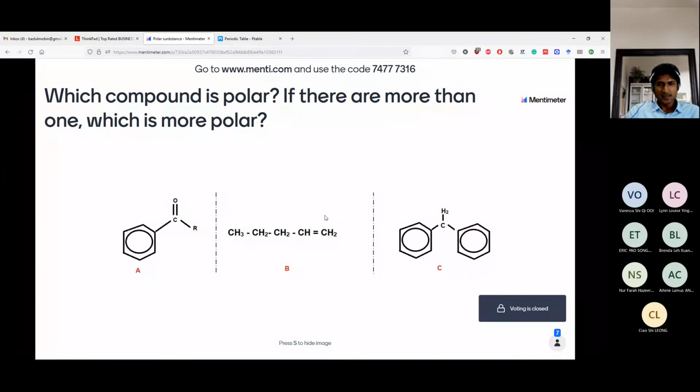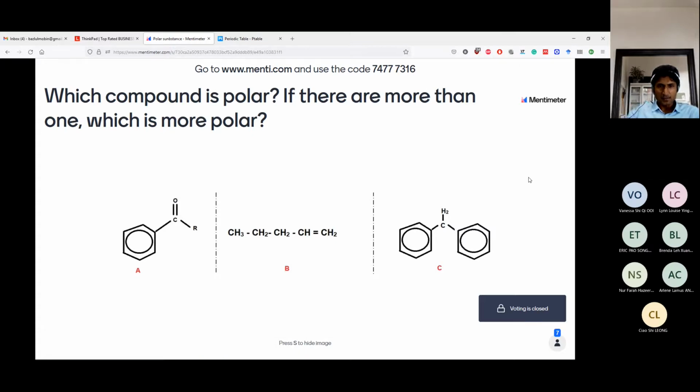There is unsaturation, a double bond. There is a phenyl group as well. For A and C, the common group between them is the phenyl group, the hexagon.